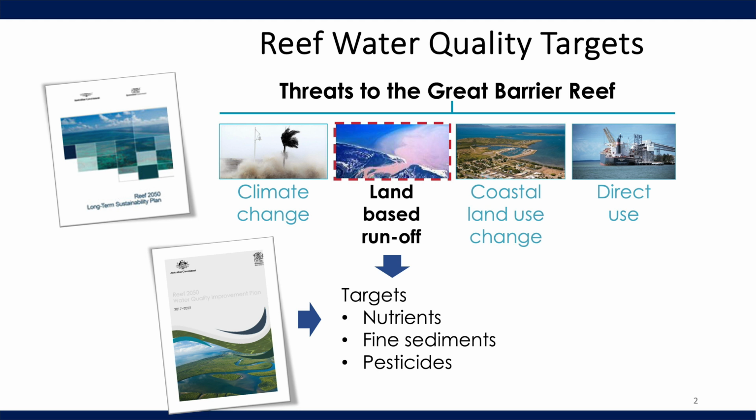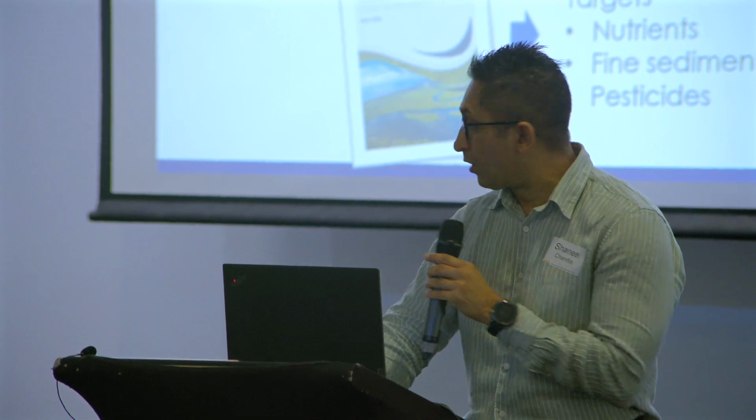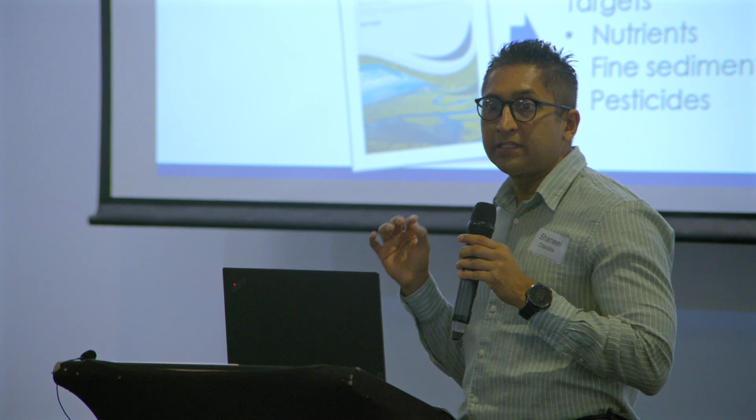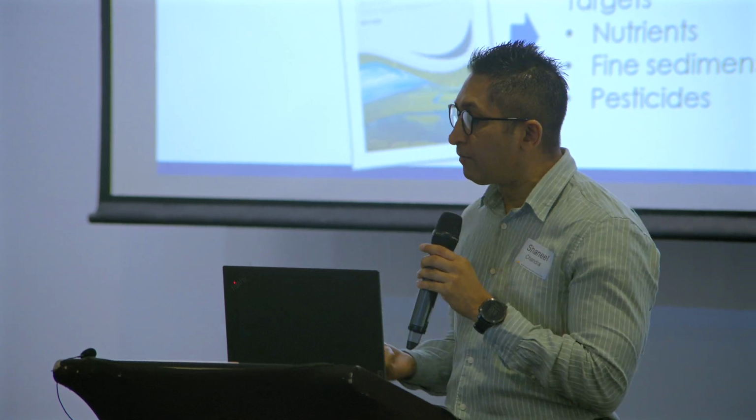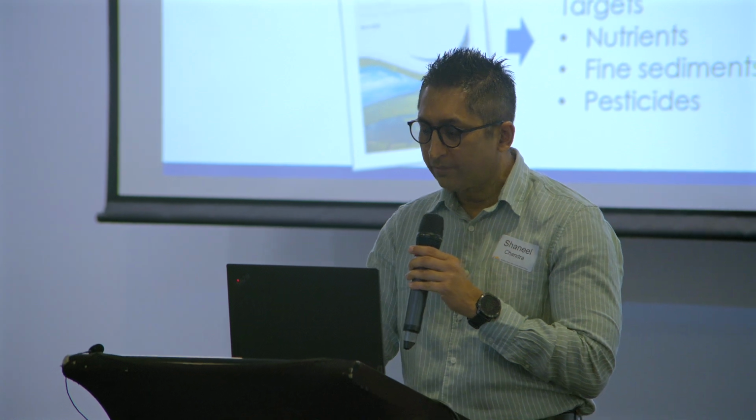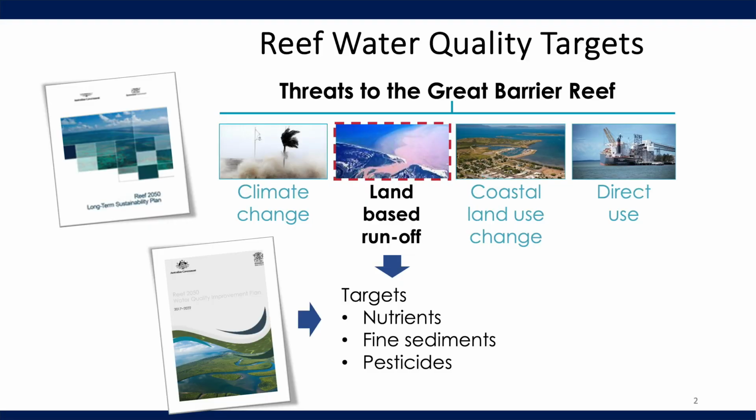Fine sediments disrupt the photic zone of corals, which causes issues in their growth. As well as that, fine sediments carry nutrients in the particulate form, as well as other pollutants sometimes. And pesticides, we all know what the impacts are on living things.